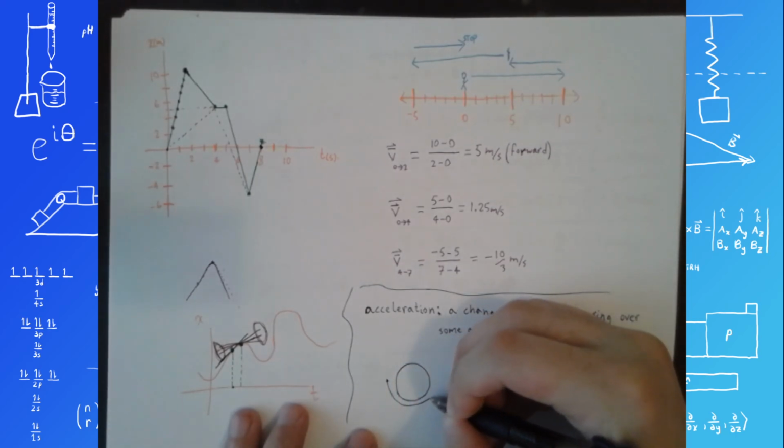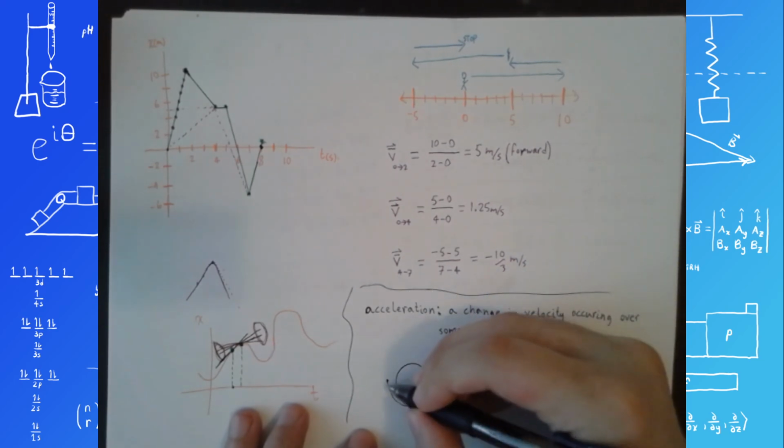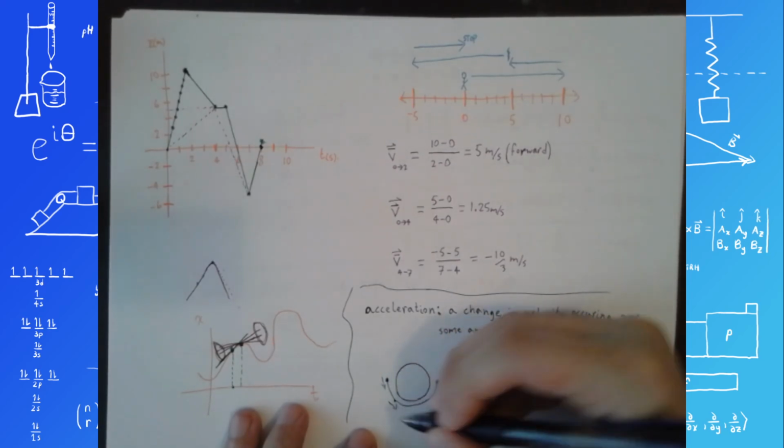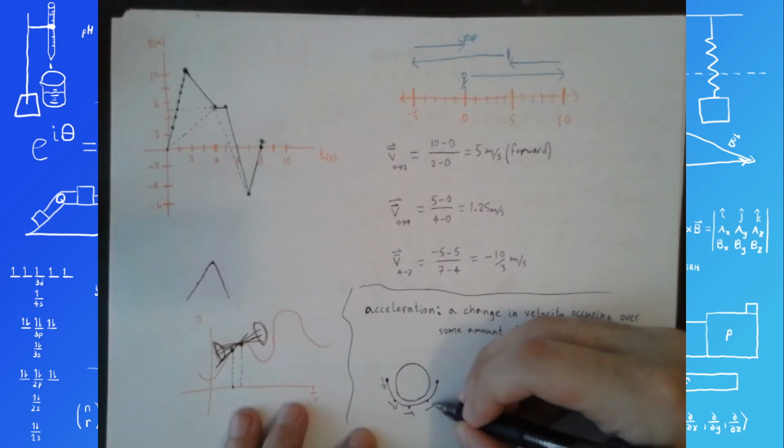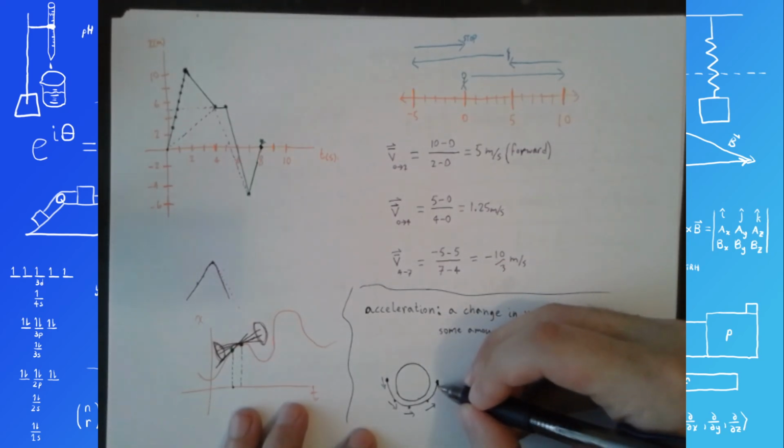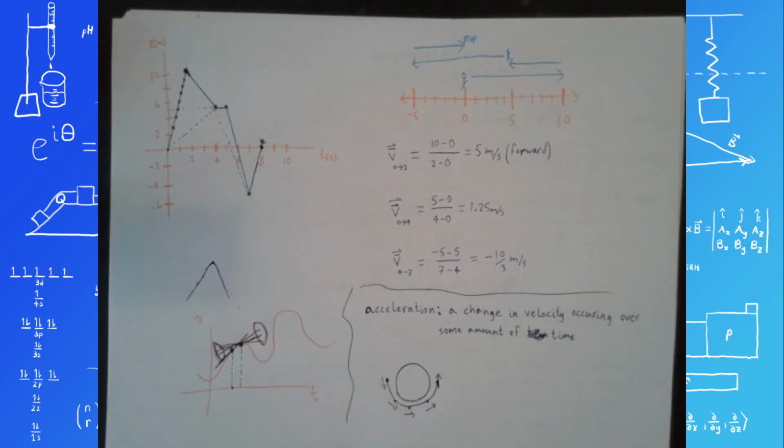So the magnitude stays the same, but the direction of the car is always changing. That means that this car, even though it's not speeding up or slowing down, is accelerating. By the physics definition of acceleration, there is a change happening in its velocity. If not in its magnitude, then in its direction. So objects moving around in a circle, even if they're not speeding up or slowing down, are accelerating.